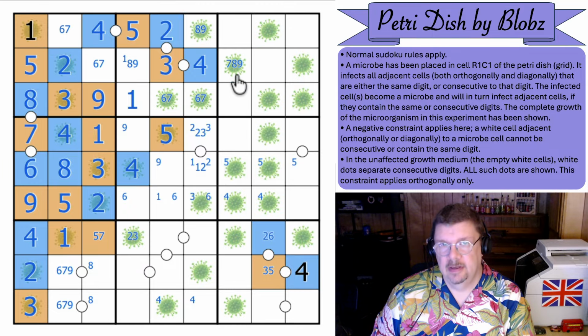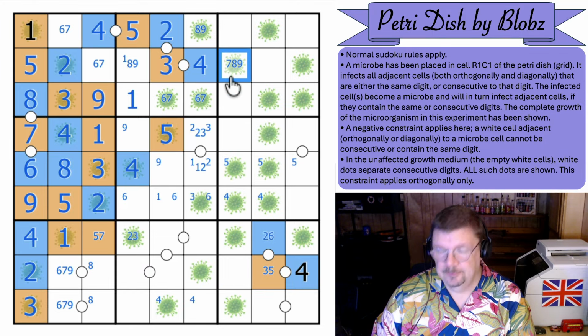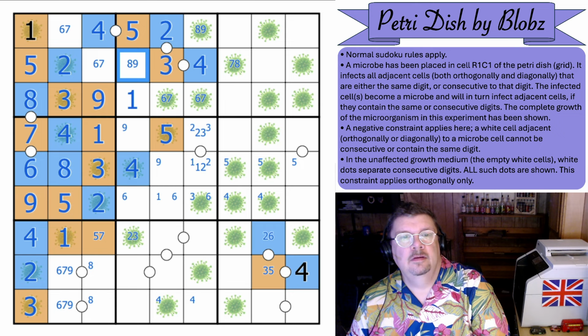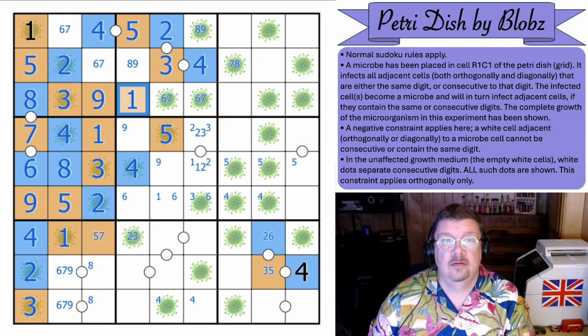But that can't be a 9 because that can't be infected by that. The only place that this can be infected is by this one. Okay. All right, and that is an odd digit.